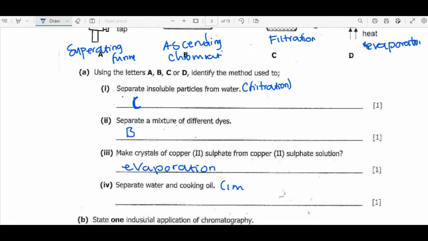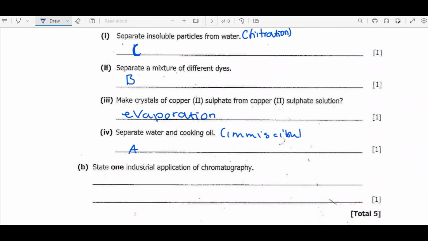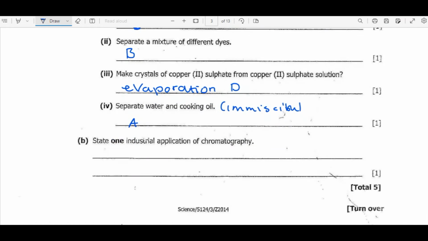These two are immiscible liquids, so they can't mix completely. So it's separating funnel, which is A. For this one, I'm supposed to use a letter, so evaporation is D.